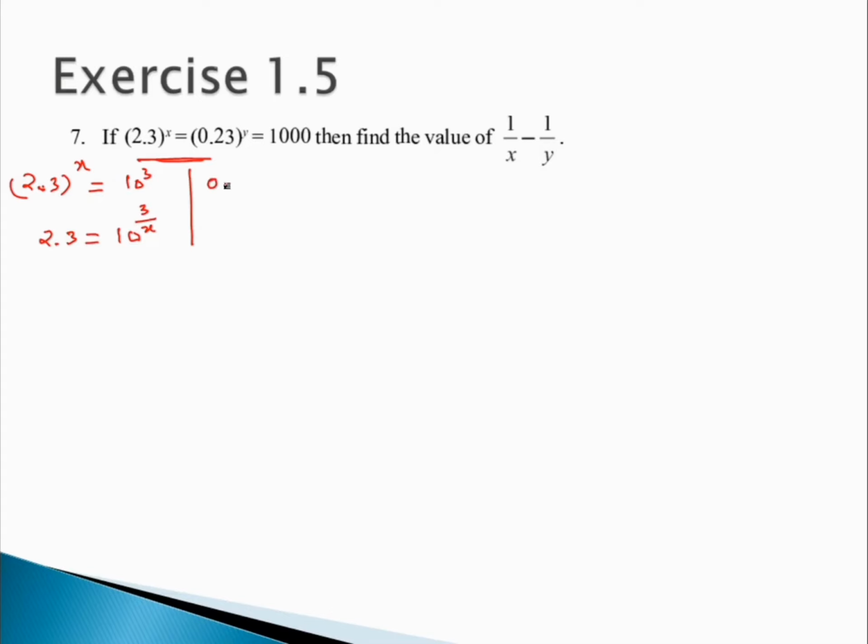Also 0.2y equal to 2, isn't it? When I am shifting the value of that one, it comes out to be 3 by y. Isn't it quite good up to here? Now 0.23, how can I write this number? I can write this number as 2.3 by n. Okay.